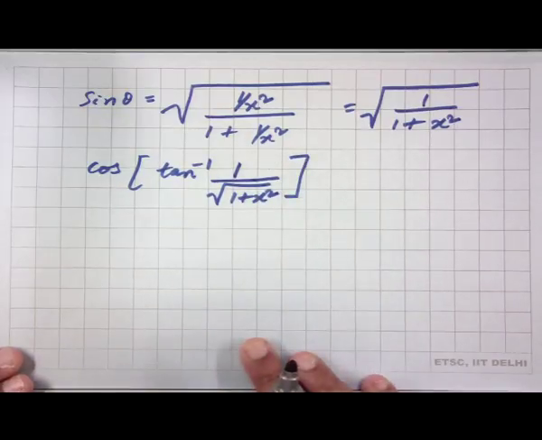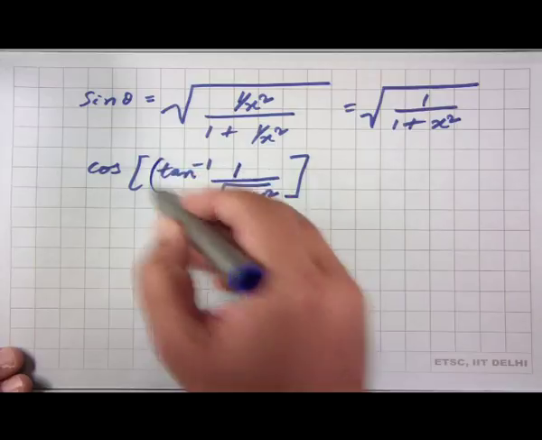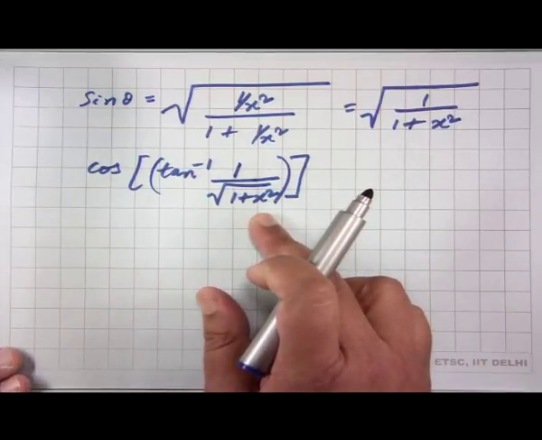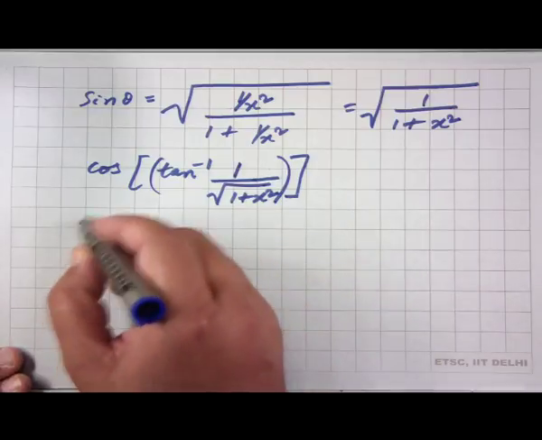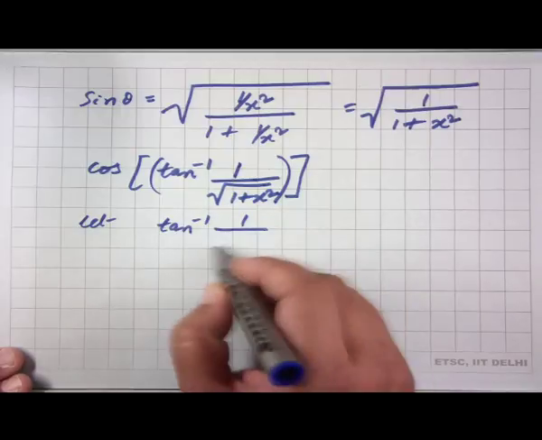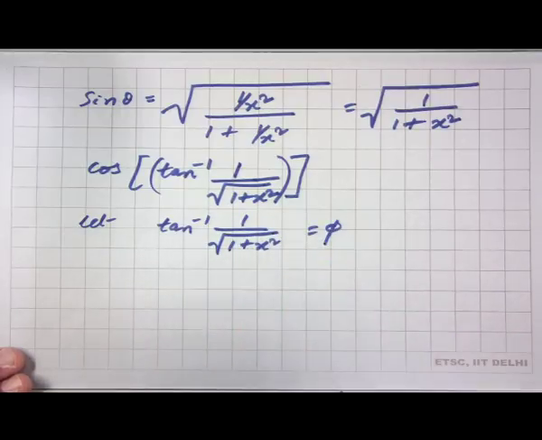So, this is what we are supposed to evaluate. And then again, what we say is that, let us say that this particular value is equal to phi. So, let tan inverse of 1 over square root of 1 plus x square equals phi.